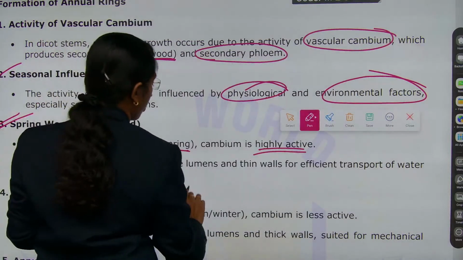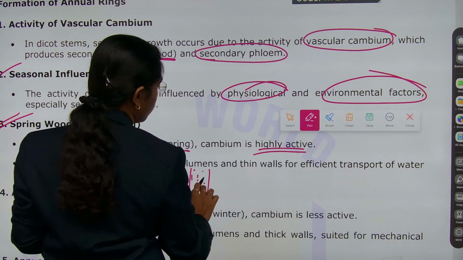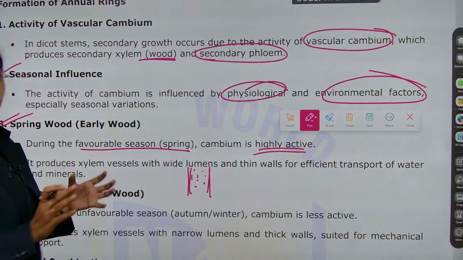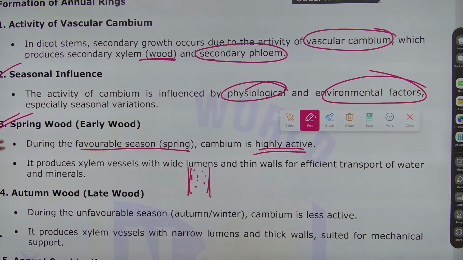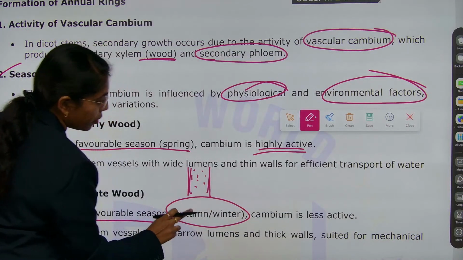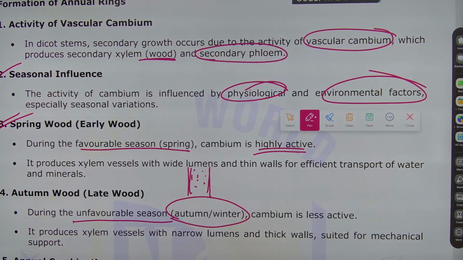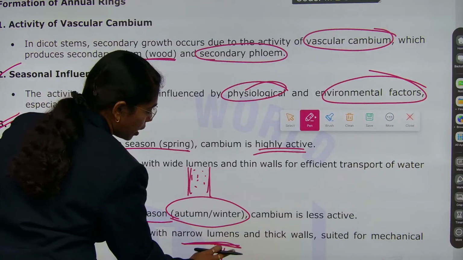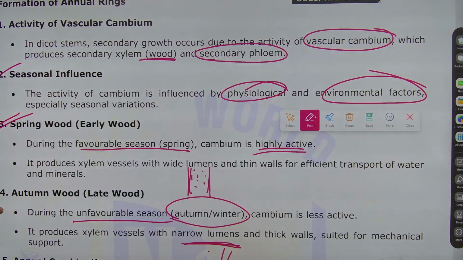Xylem vessels are formed with wider lumens, and thin walls are present which are efficient for water transport. Then autumn wood or late wood is formed during the unfavorable season in autumn or in winter, where the cambium activity is less active. This produces xylem vessels with narrow lumens, and thick walls are formed.